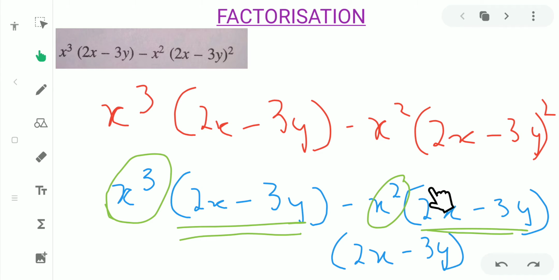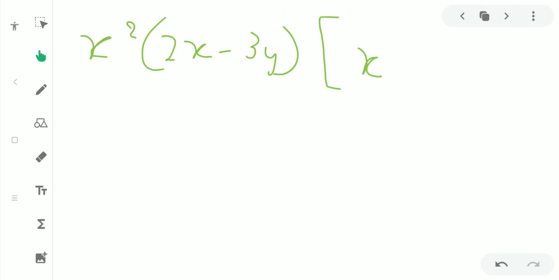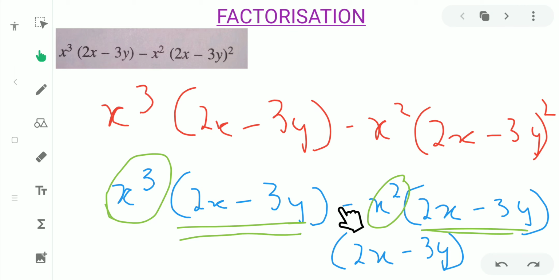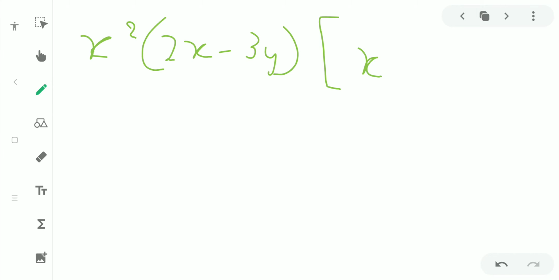Here we have another 2x minus 3y, so x minus 2x minus 3y.